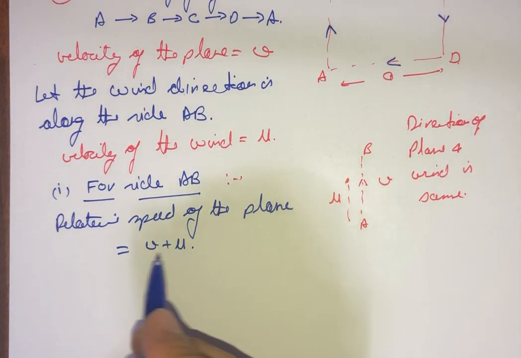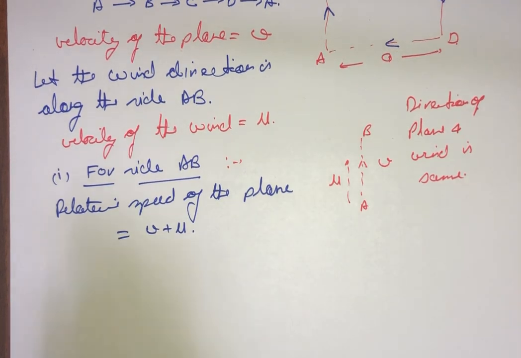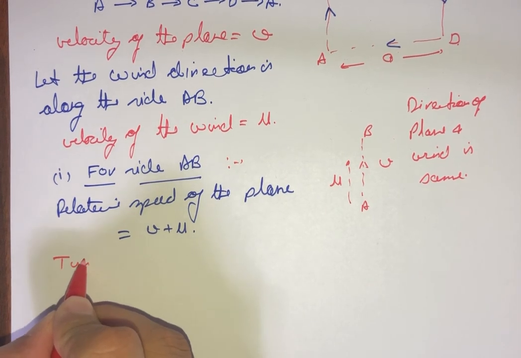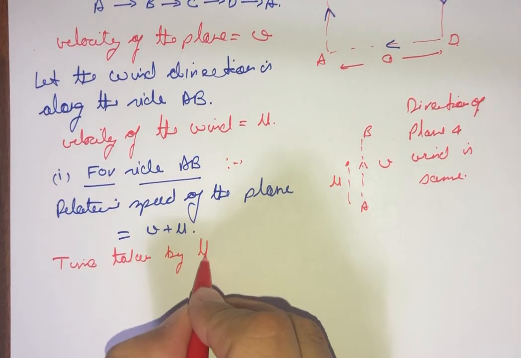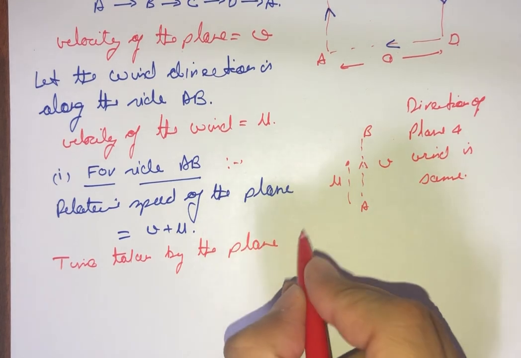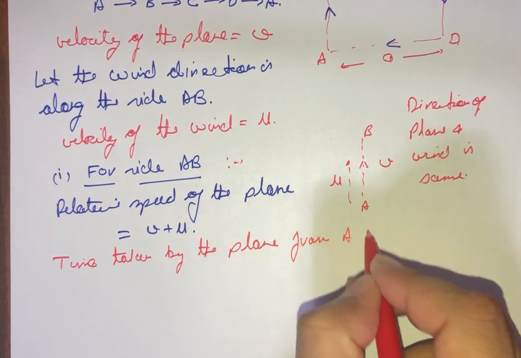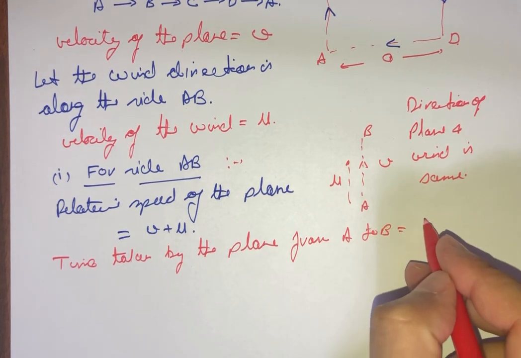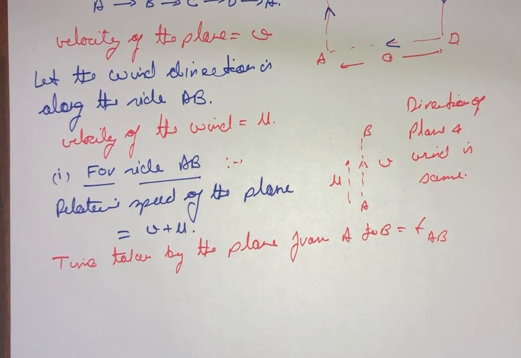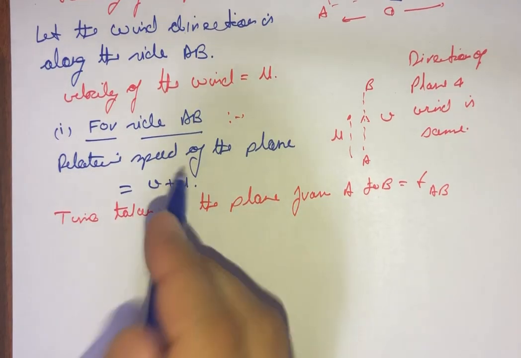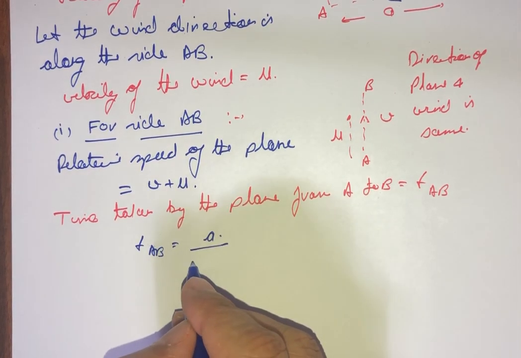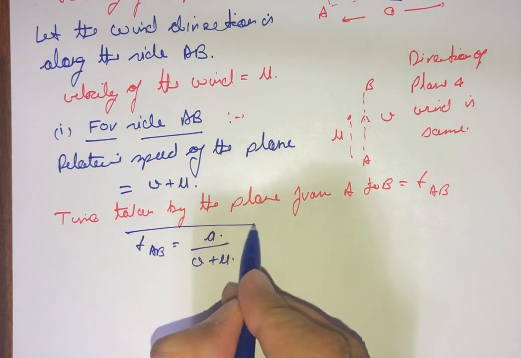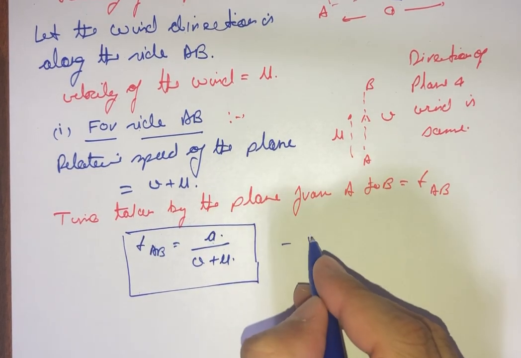So we get relative speed of plane as V plus u, and the time taken by the plane from A to B, let us call this T_AB, will be equal to distance, that is A, divided by u plus V. So this is the first side AB. Let us call this equation 1.